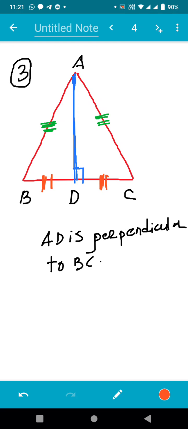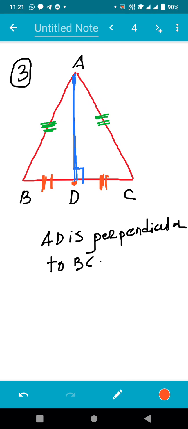Okay, so as you see, once we have drawn this AD as a perpendicular, then we can observe that the length of BD and DC are equal. So if BD and DC are equal, that means D is a midpoint. Fine, so D is a midpoint. So a line which is drawn from a vertex to the opposite side, on the midpoint of the opposite side, so that would be a median also.